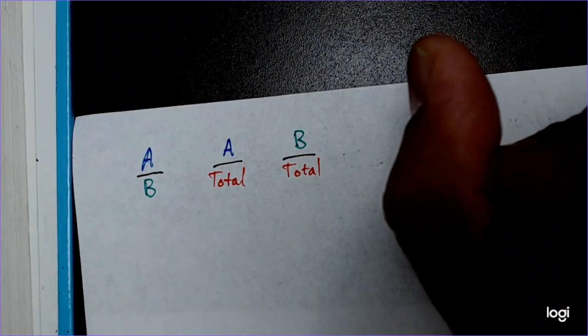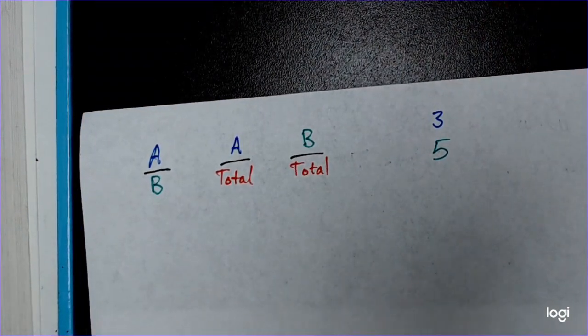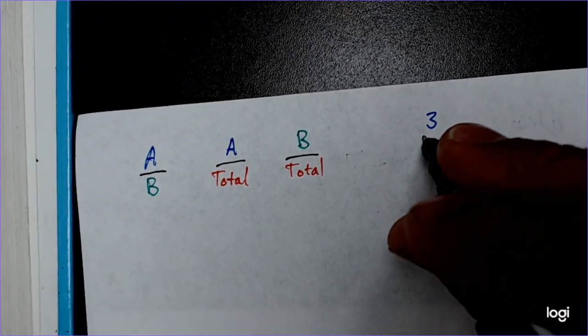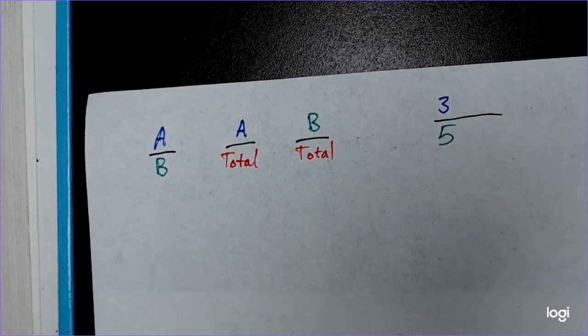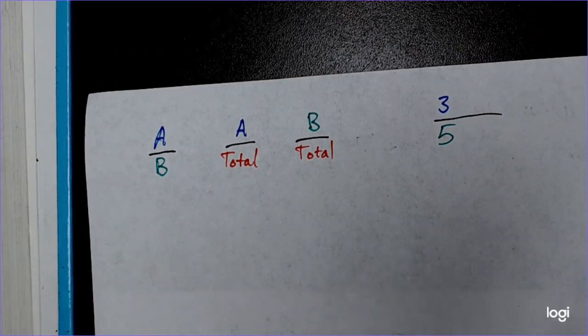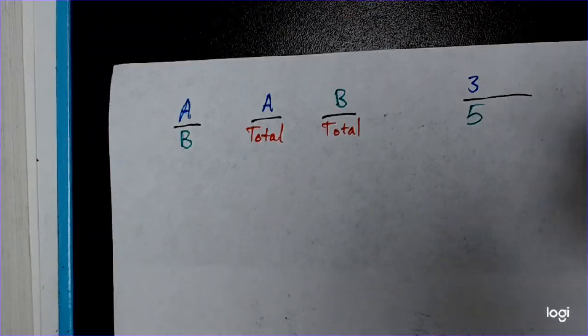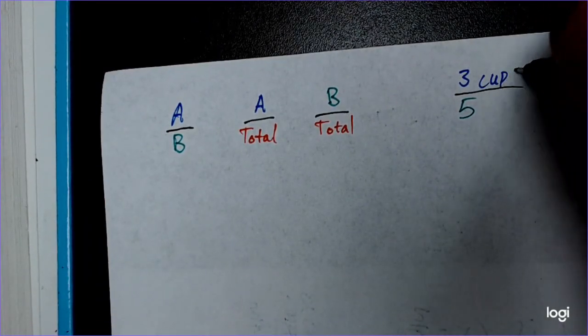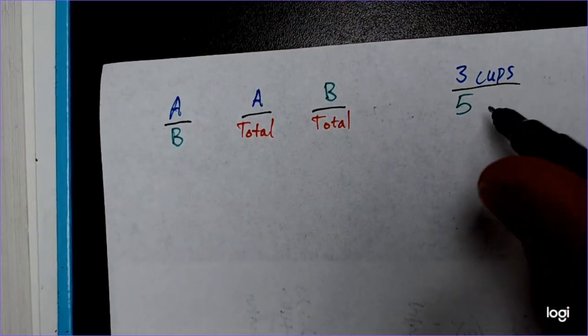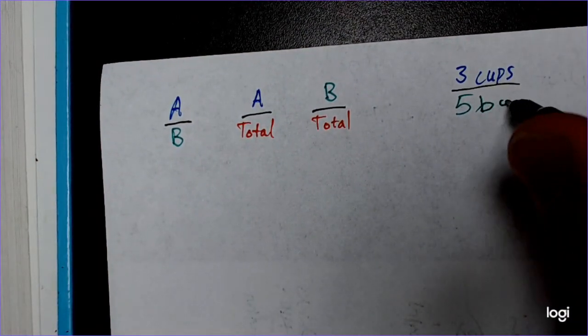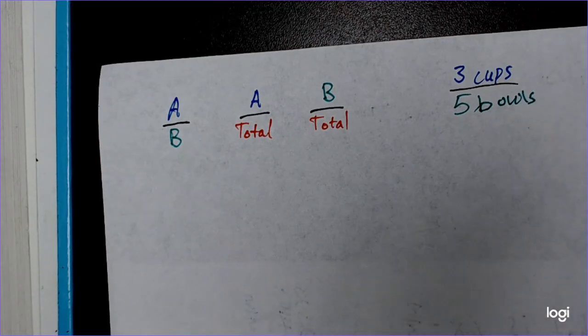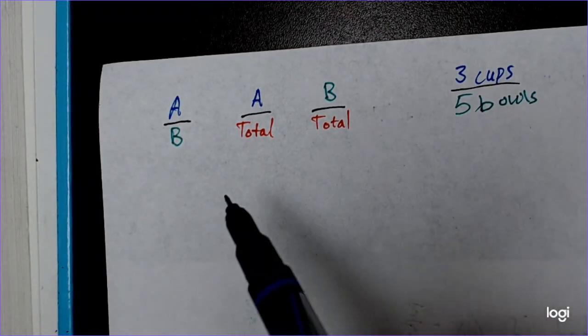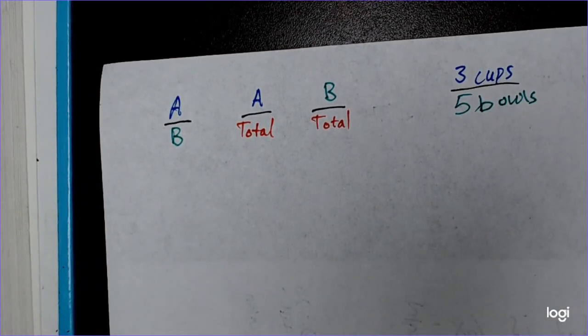I've got two parts of the problem. I've got 3 cups for every 5 bowls, and you best believe I'm going to label my ratios. Right, so I've got 3 cups for every 5 bowls. I can write the other 2 ratios using this information.